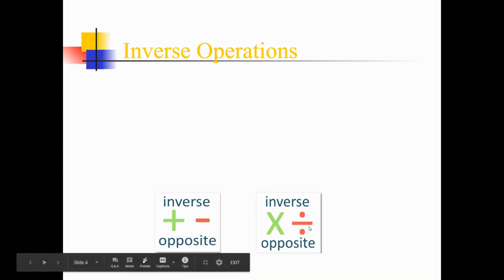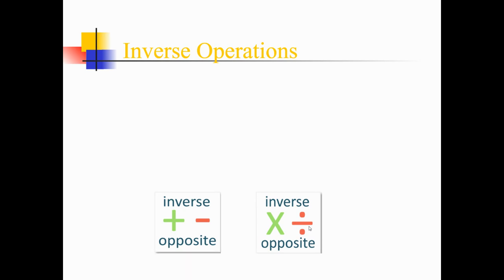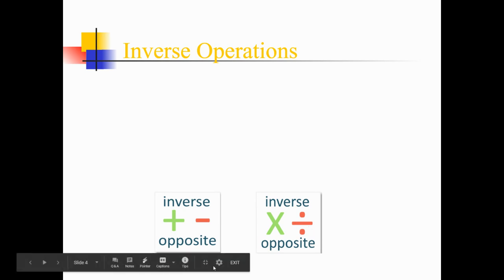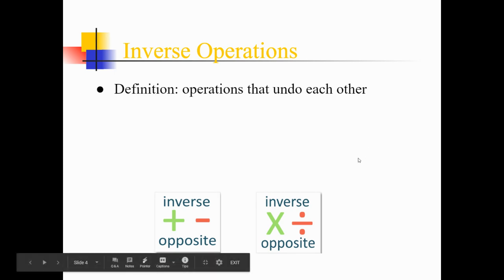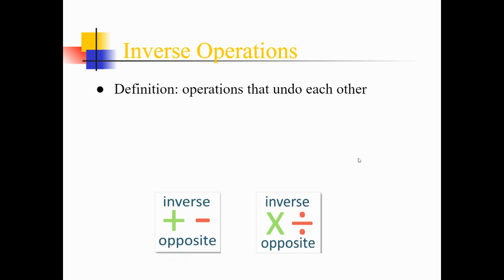That's all you really need to know when you're solving a linear equation. These two are inverse, meaning they're opposites, and these two are inverse, meaning they're opposites. You're going to be using those to solve these equations.